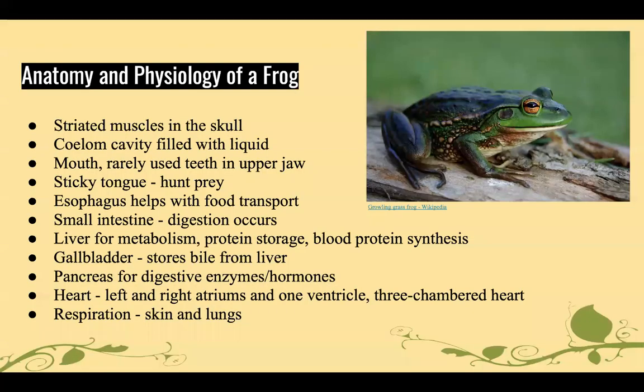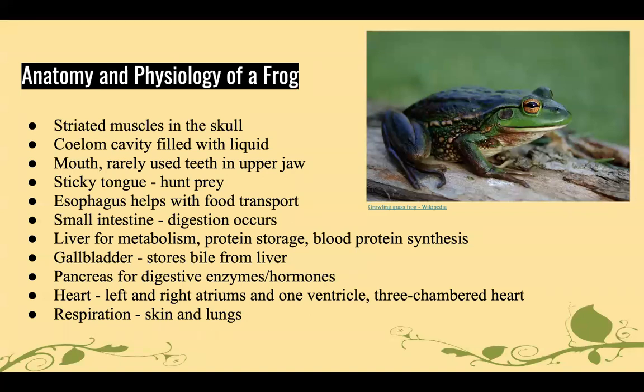For the anatomy and physiology of a frog, it has striated muscles in its skull and a coelom cavity that is filled with liquid. In its mouth, it rarely uses its teeth, which are located in its upper jaw. It has a sticky tongue, which is ideal for helping the frog hunt its prey.